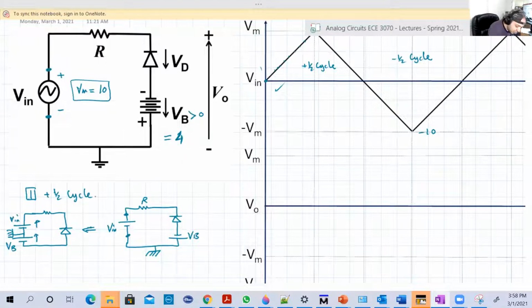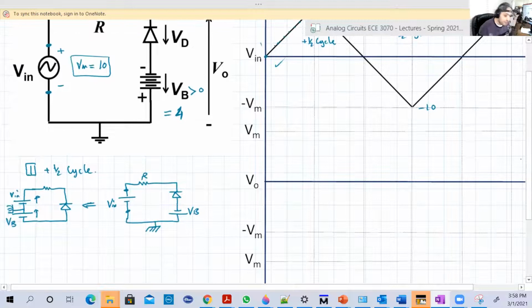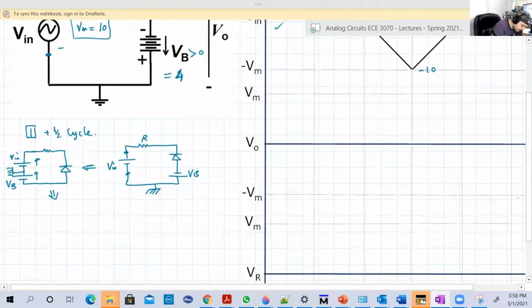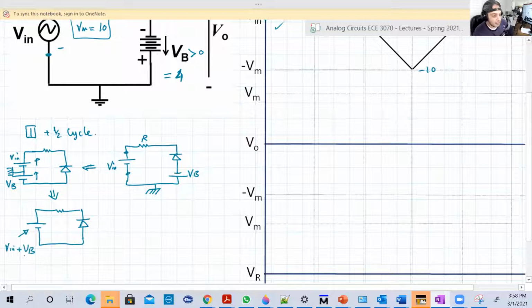So look at this situation now. V input is all the time positive, okay? And VB is also positive, and both have the same polarity. So this can be reduced to the following circuit, and this will be Vin plus VB. And this value here is always greater than 0. Always.